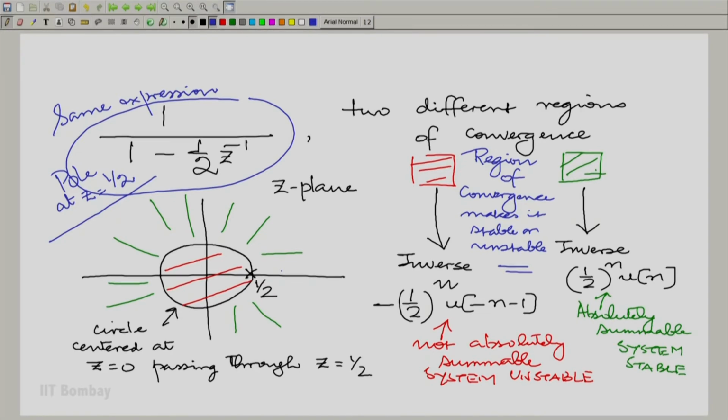And if I took the region interior to the pole, the corresponding sequence was the left-sided sequence, this one. This is right-sided and this is left-sided.